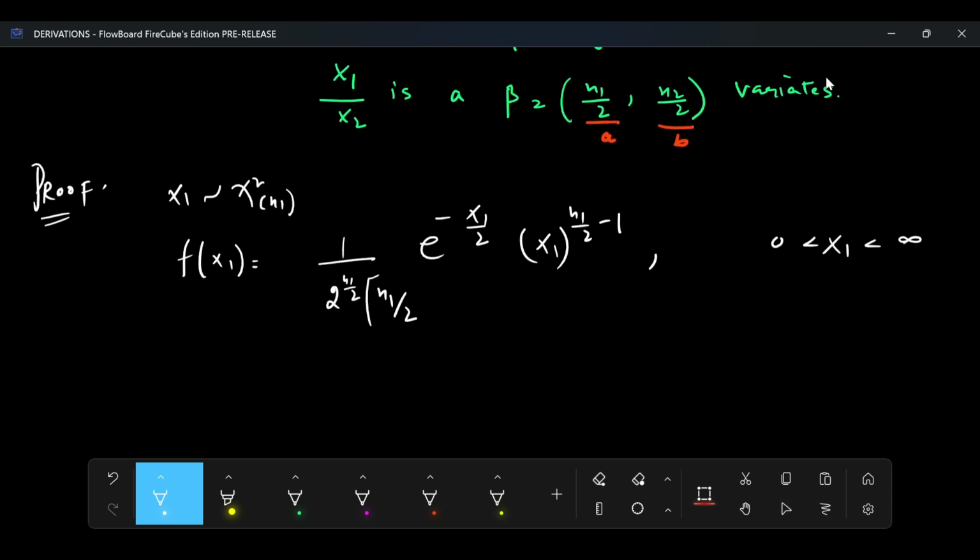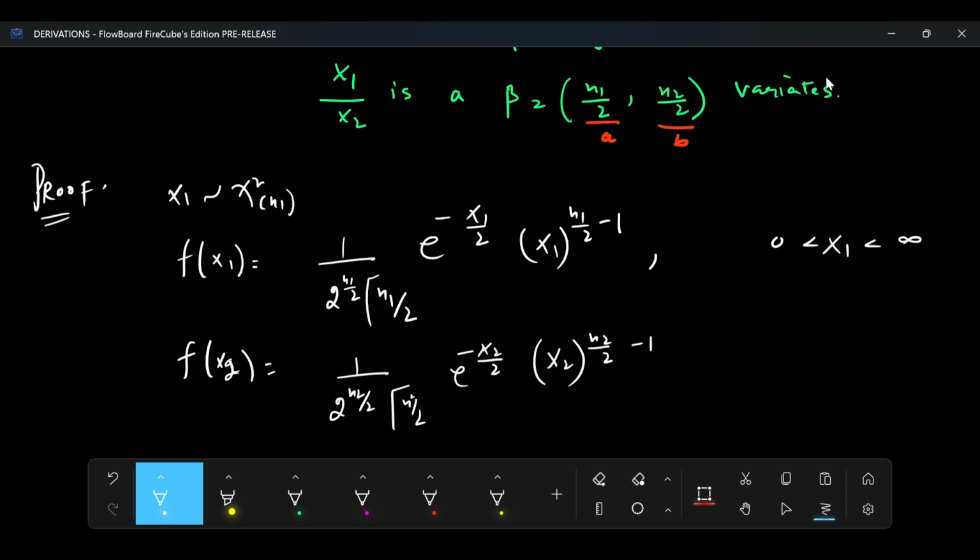Clear? This is my f of x1. So what will be my f of x2? That is simply 1 upon 2 to the power n2 upon 2 gamma n2 upon 2, e raised to the power minus x2 upon 2, x2 to the power n2 upon 2 minus 1. So this is what I have for x2.